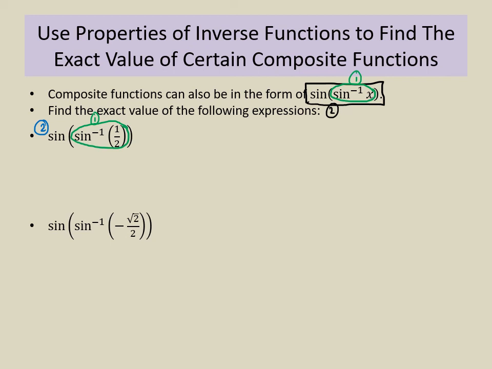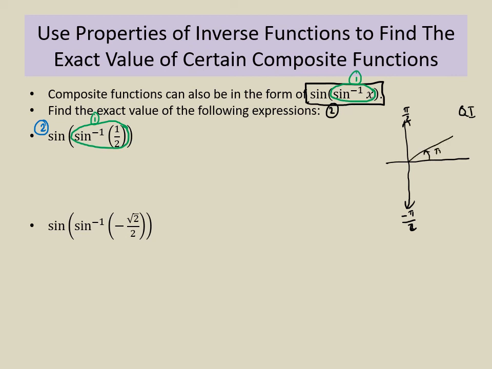All right. Step 1. What is the inverse sine of 1/2? Again, we're looking for an angle. Which quadrant is that angle going to be in? The sine is positive, so Q1. Which angle has sine equaling 1/2?